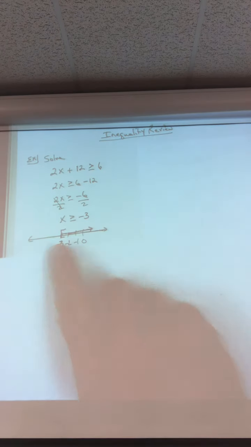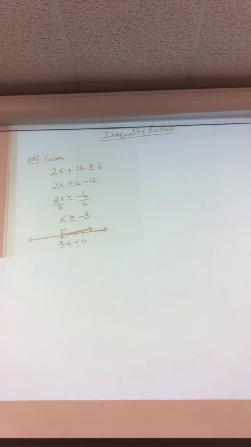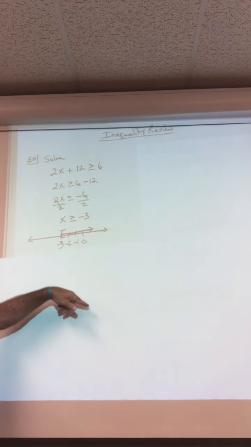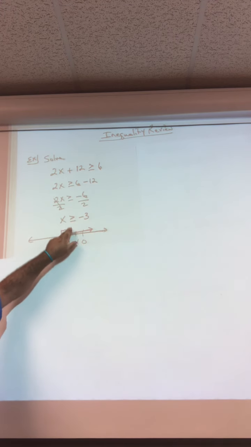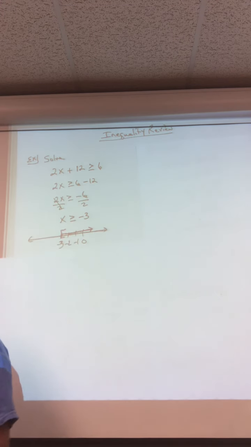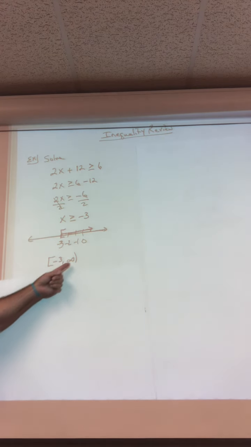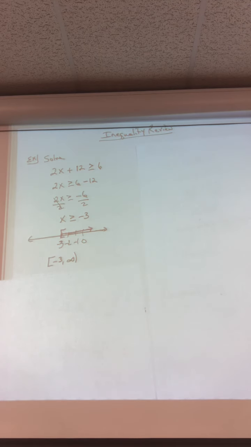All of the numbers to the right of negative 3. So this graph would start at negative 3 and go to the right. A bracket because of the equal to. Remember, if the equal to had not been there, there'd just be a parentheses. Something else that you've seen in this course is interval notation. A way to write that is everything from negative 3 on to infinity. Remember, we never put a bracket on the infinity.